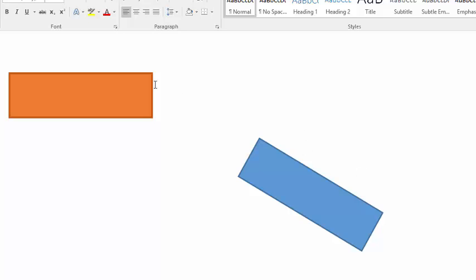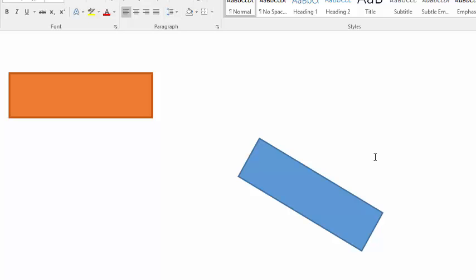For example, the orange rectangle up here in the top left is flat, but then in the bottom right corner, the blue rectangle is rotated at about 30 degrees. That doesn't mean that they're not congruent to each other. It just means that they're in different locations and they're rotated at different angles. And yet they are still the same size and they're still the same shape, that is, rectangles.